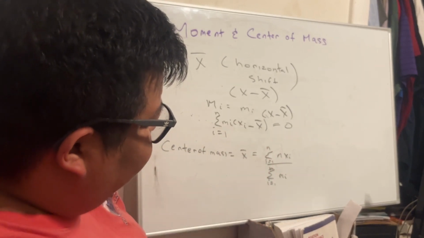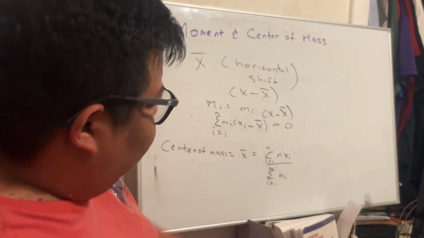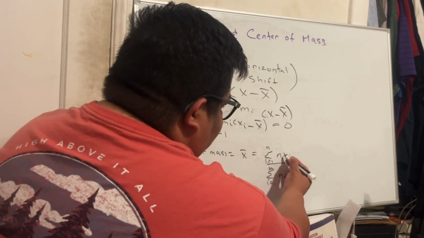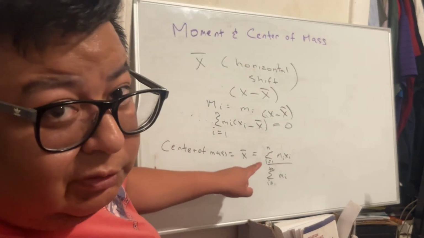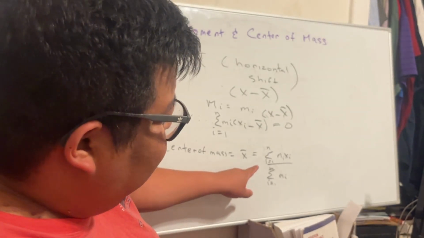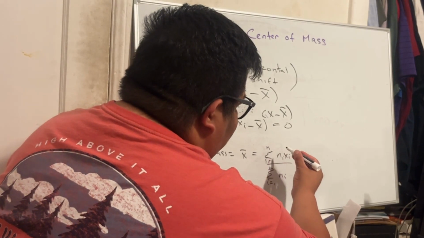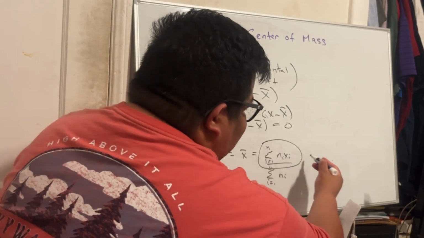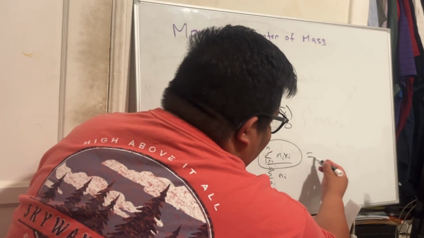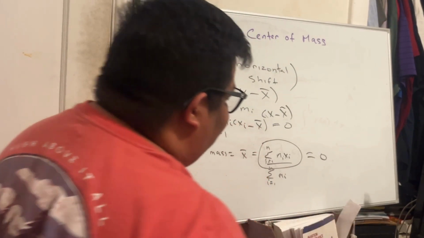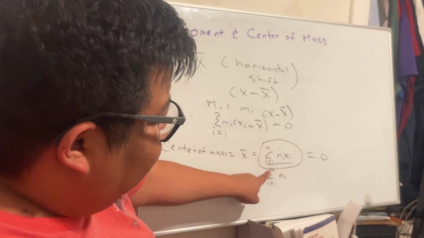So for x bar, we get this here. That means that for the center of mass to be in equilibrium, the top part has to be 0.